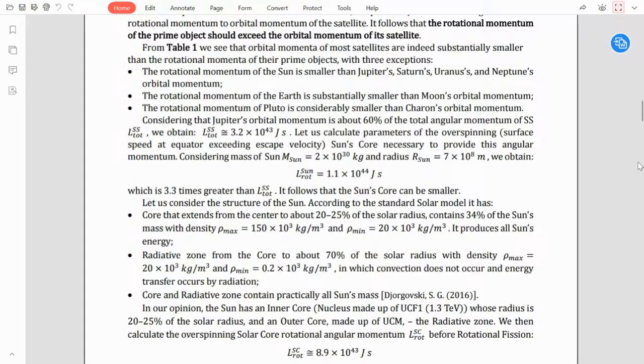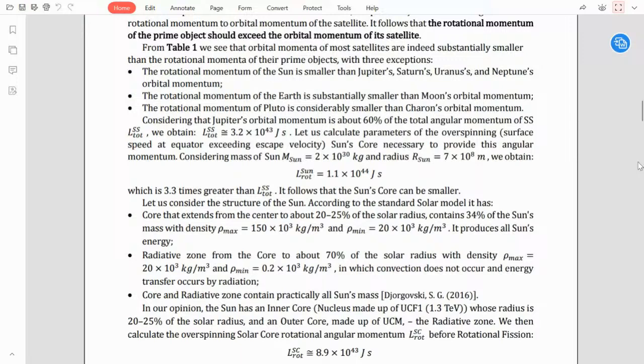According to the standard solar model, it has a core that extends from the center to about 20-25% of the solar radius, contains 34% of the Sun's mass, with density rho maximum 150 and rho minimum 20,000 kilograms per cubic meter. It produces all of the Sun's energy.